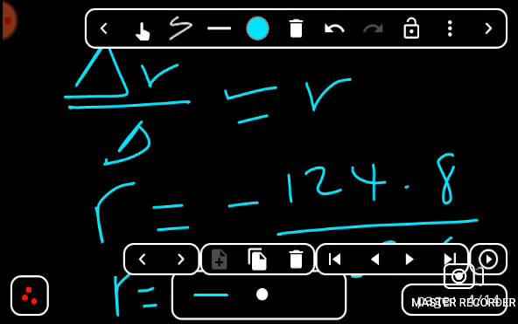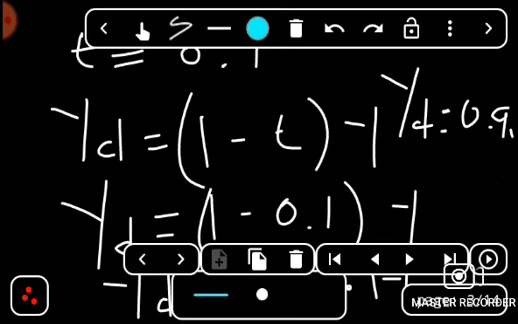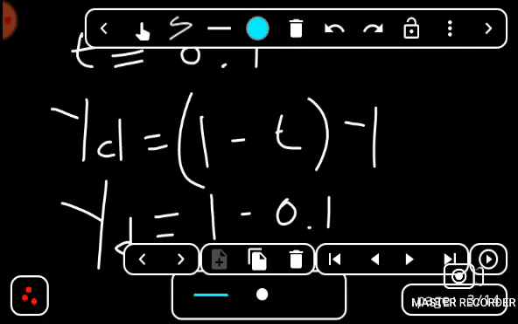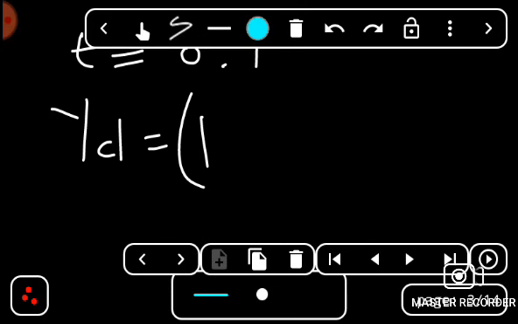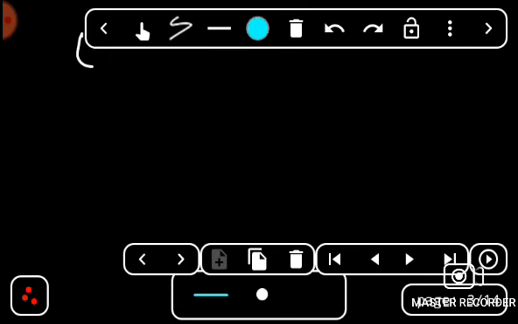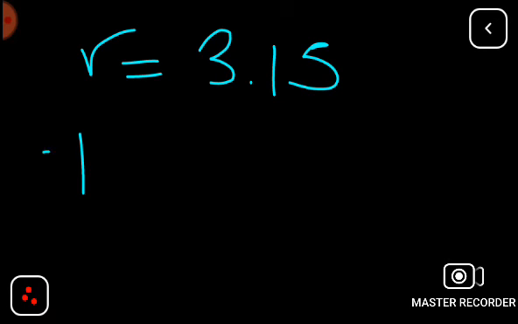So what are we saying? We're saying that our rate is 3.15 when I get an income of about 2061.